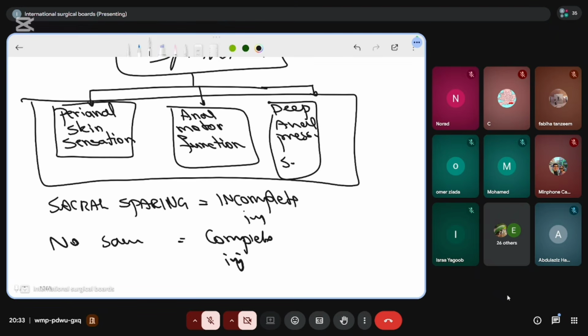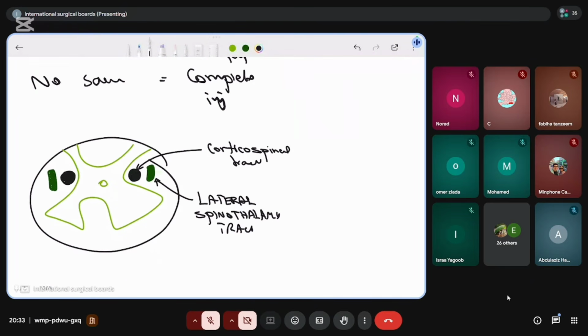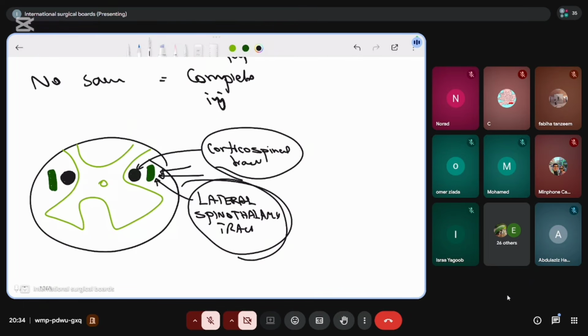It's so simple. You take a pinprick and prick the patient in the perianal skin. That is pinprick perianal sensation, specifically pinprick, not touch. If the patient can feel that, it means the lateral spinothalamic tract is okay, and if this tract is okay, the corticospinal tract is likely okay because it's just next to it.